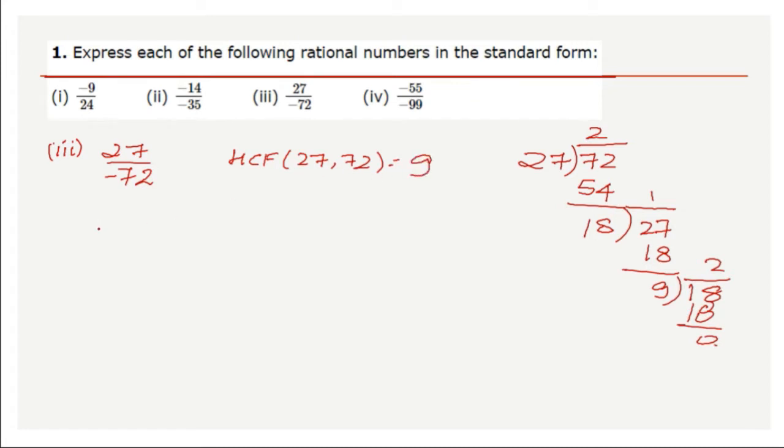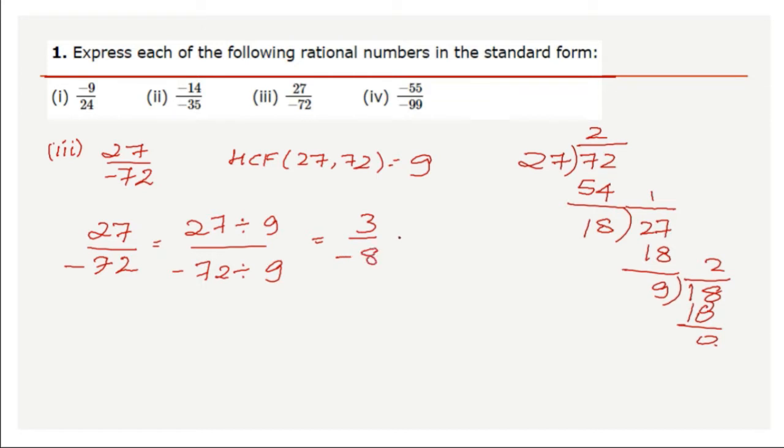Now I divide this 27 upon negative 72 by 9. On dividing, we get it as 3 upon negative 8, which is same as negative 3 upon 8.